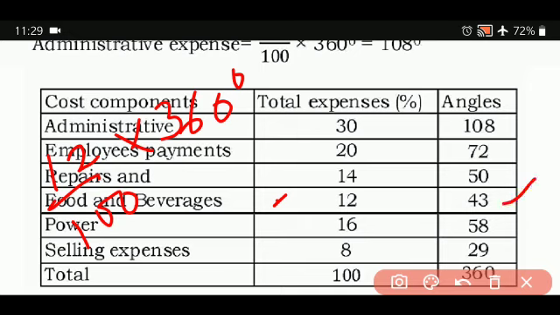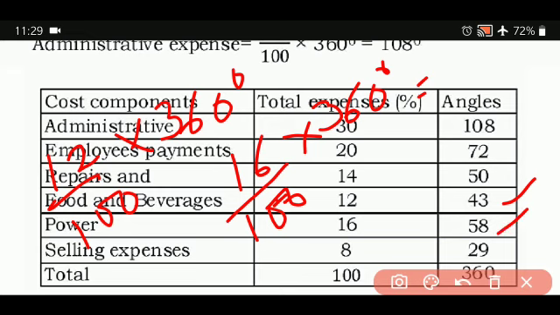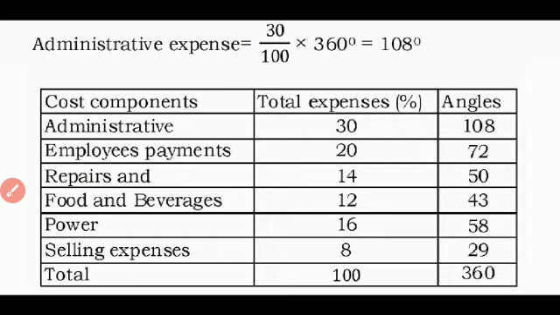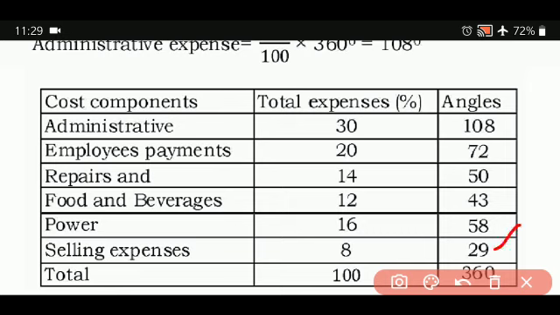Similarly, for the next one, that is power, 16 divided by 100 into 360 degrees, you get 58. And the last one, selling expenses, 8 divided by 100 into 360 degrees, you are getting the value as 29.